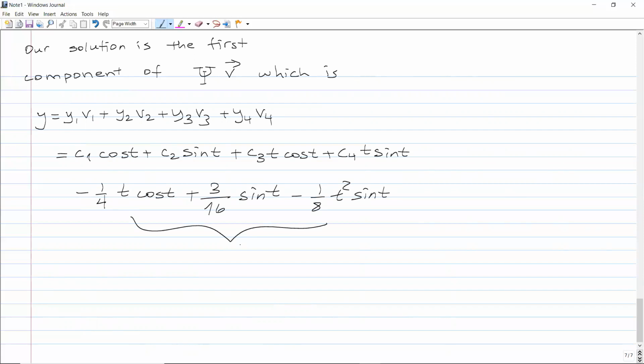So this is your particular solution, and this is the solution of the homogeneous equation.